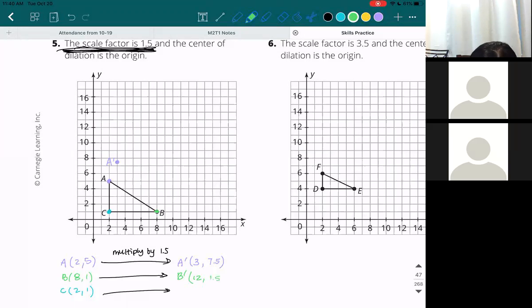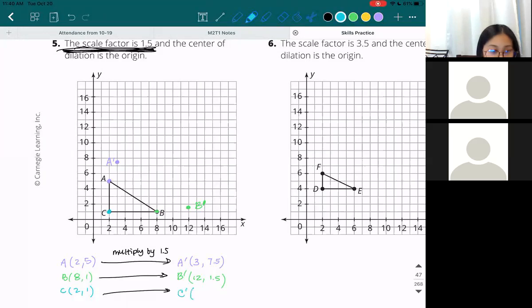Good. So we have 12, 1.5 here, and I'm going to just go find that right there. 12, 1.5, this is our B prime. So I label it. Can't really see my prime mark. Let me just make it bolder. There, B prime.